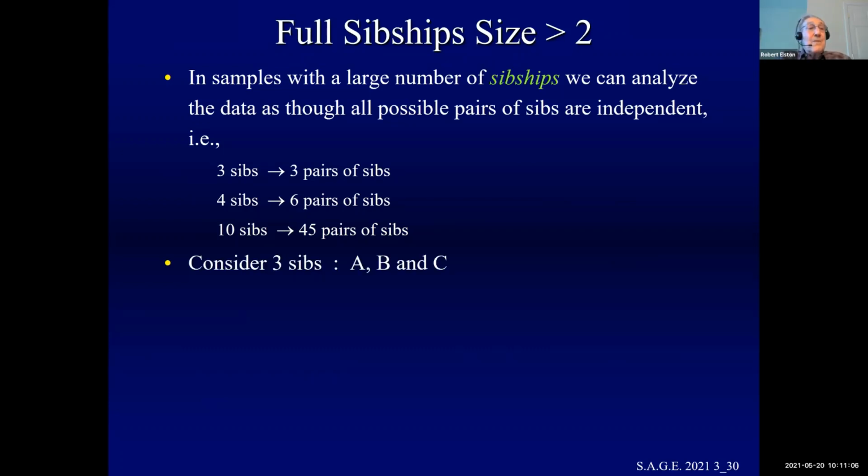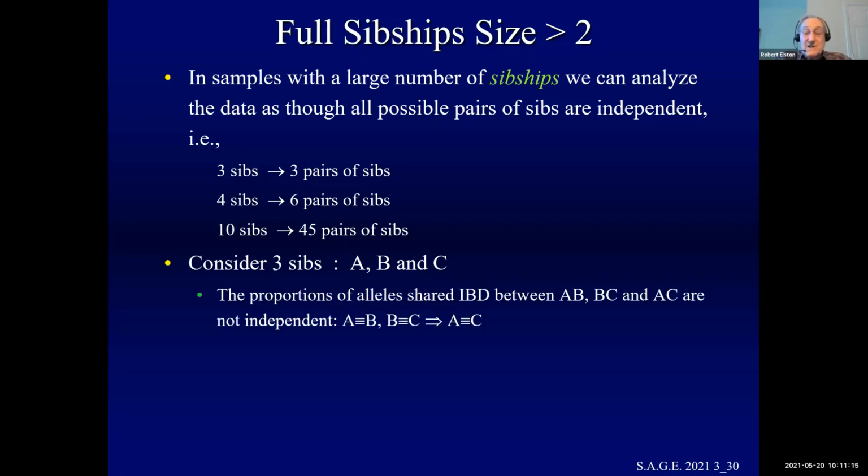So now if you consider 3 SIBs, let's call them A, B, and C. Supposing at some particular locus, we look at the proportion of alleles shared identical by descent between A and B, B and C, and A and C. Well, they're not independent, because clearly if A is identical to B and B is identical to C, then this implies that A is identical to C. So they're certainly not independent.